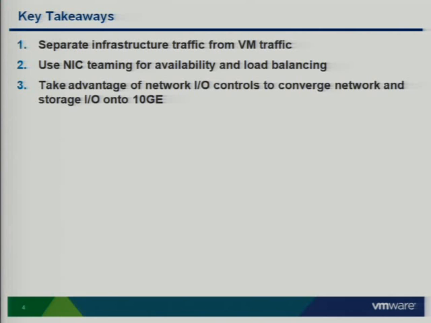And Net I/O Control gives you the tool to separate different kinds of traffic so that you don't run into a situation where, if you have a burst, say in the vMotion traffic, suddenly it takes out your storage or something like that. It gives you the tool to separate them out, to really take advantage of the 10 gig Ethernet and reduce the wiring requirement in your data center. So these are the three key points.